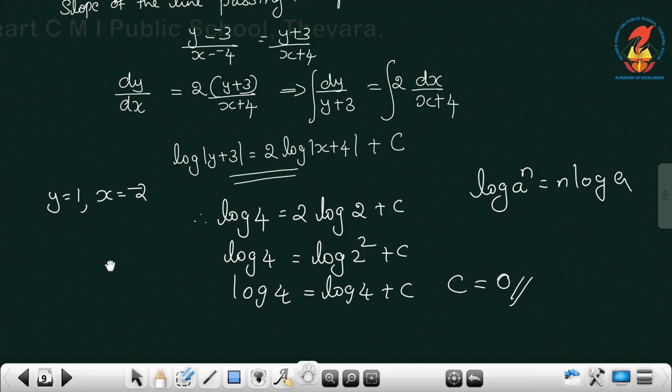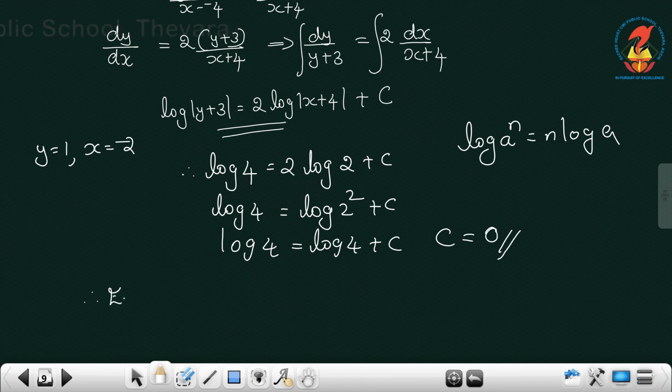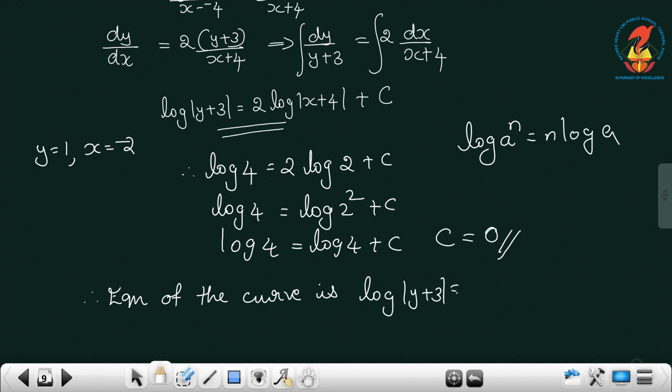So, what is the equation of the curve? Therefore, the equation of the curve is log mod y plus 3 is equal to 2 log mod x plus 4. Or this 2 we can write here.